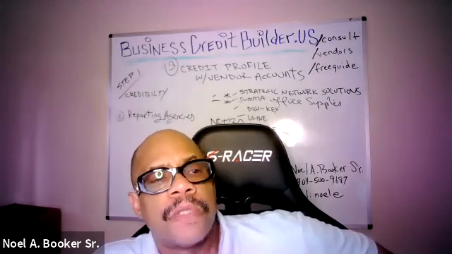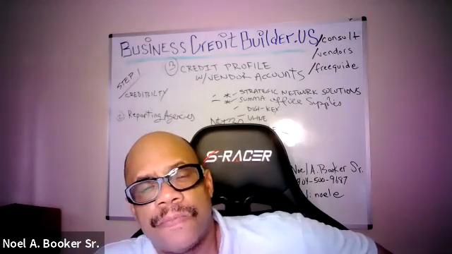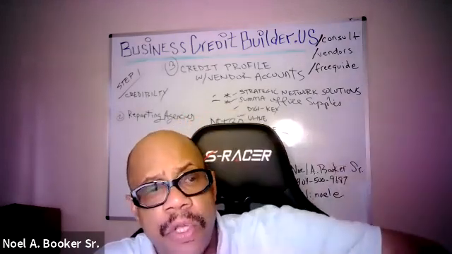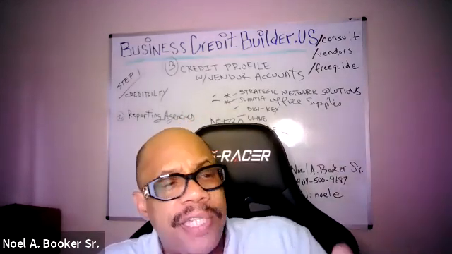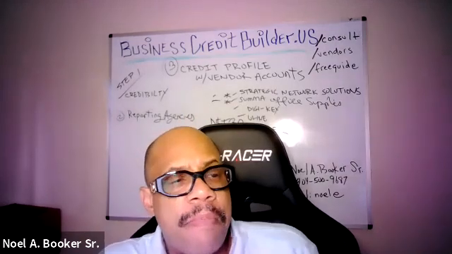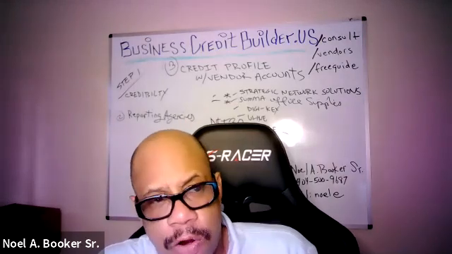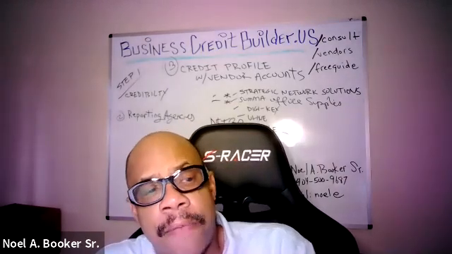Now, the revolving accounts are different than the net 30 accounts because the revolving accounts do not require you to pay the full balance in 30 days. They give you a minimum amount to pay per month, just like a normal credit card. Okay? And those are the accounts that you want to be at.